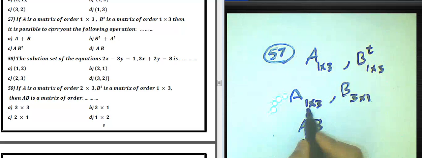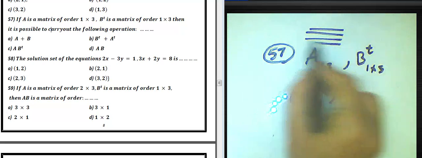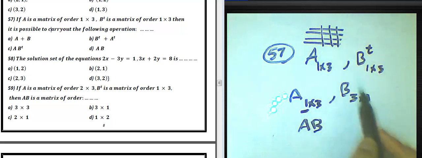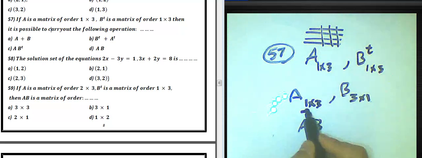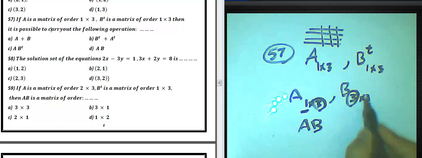We know 1 refers to the number of rows. We have rows here and columns. We have the rows here 1 and columns 3, and the second matrix has number of rows 3 and number of columns 1.